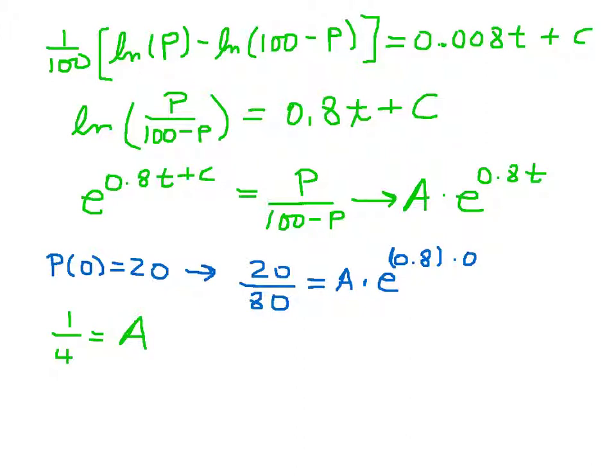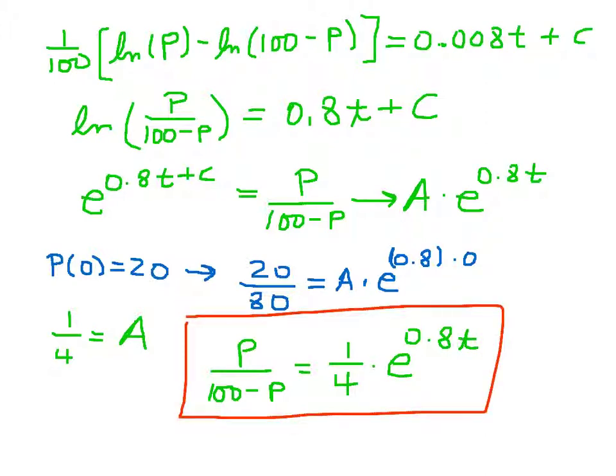And therefore what we can write is p over 100 minus p is equal to 1/4 times e to the 0.8t.